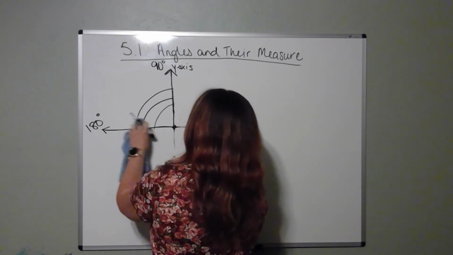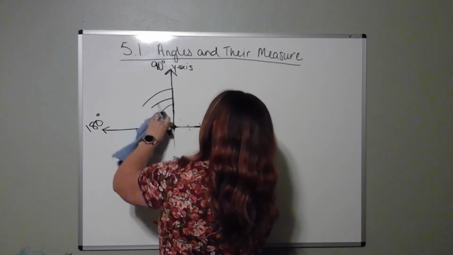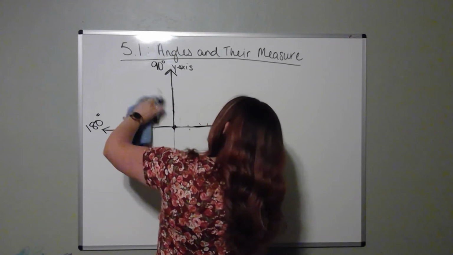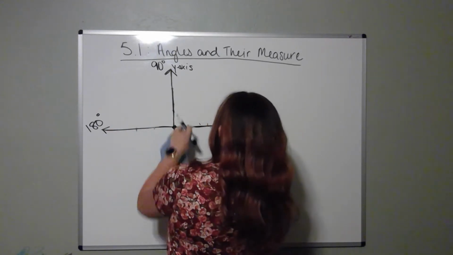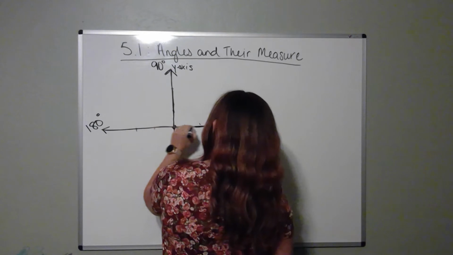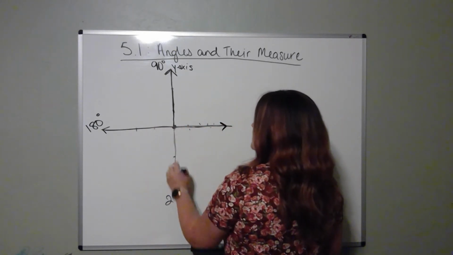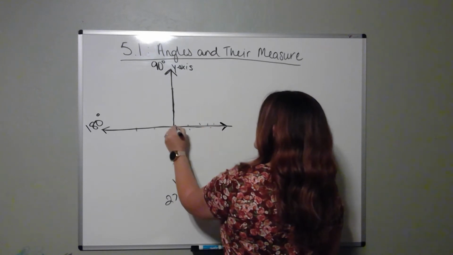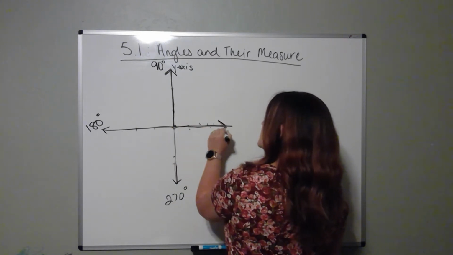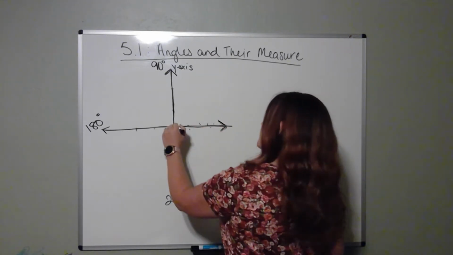I'm going to leave those positive angle values up that we found to see how they compare with the negatives. All right, so here we are at our initial side. It's still going to be in standard position, which means our initial side is this positive x-axis.